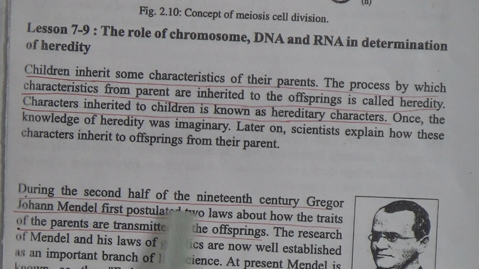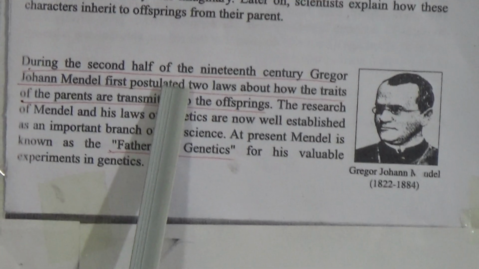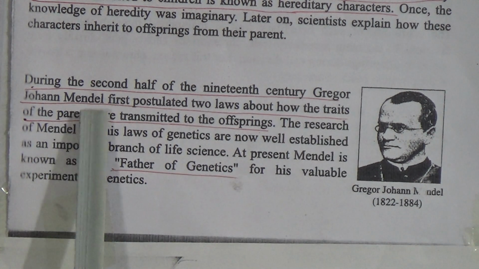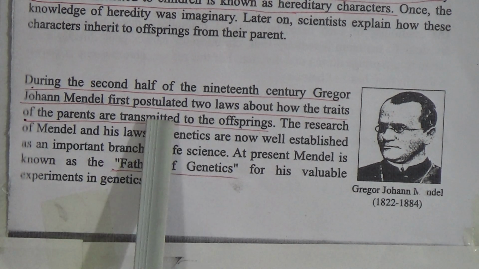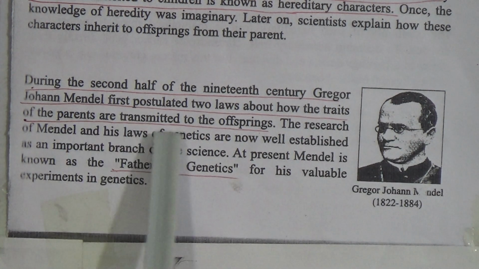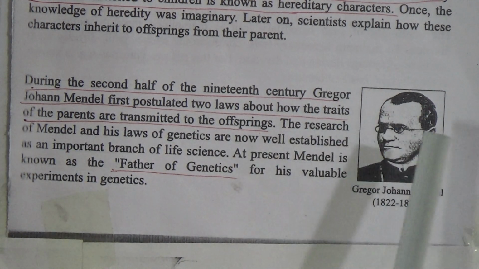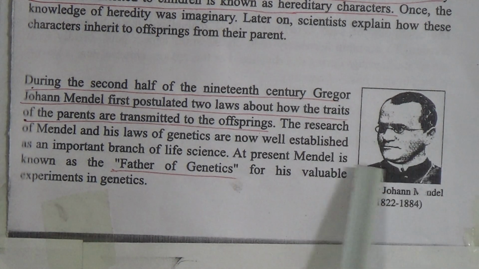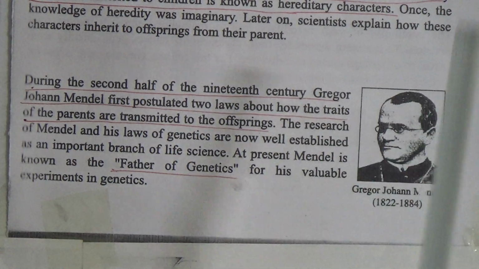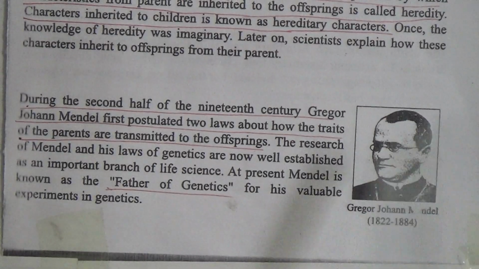During the second half of the 19th century, Gregor Johann Mendel first postulated 2 laws about how the traits of the parents are transmitted to the offspring. At present Mendel is known as the father of genetics for his valuable experiments in genetics.